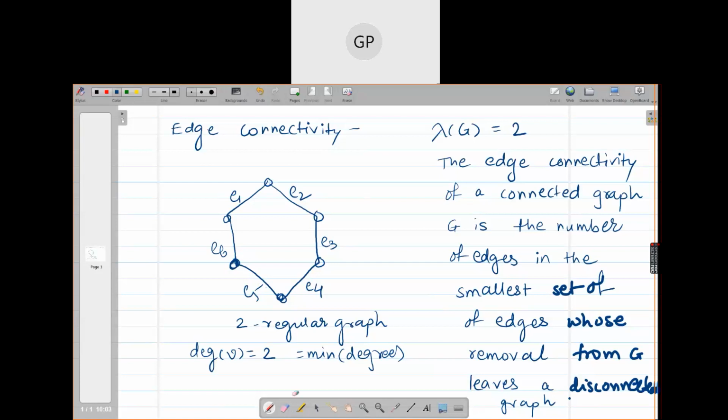Then after the definition, you write that edge connectivity is denoted by lambda G. Renuka, please mute yourself.